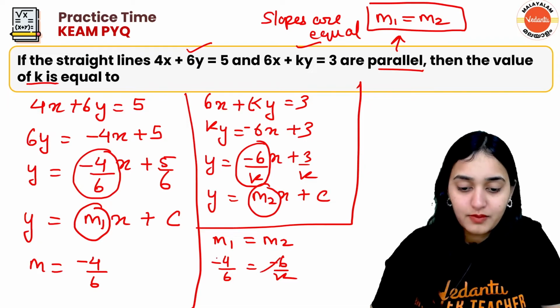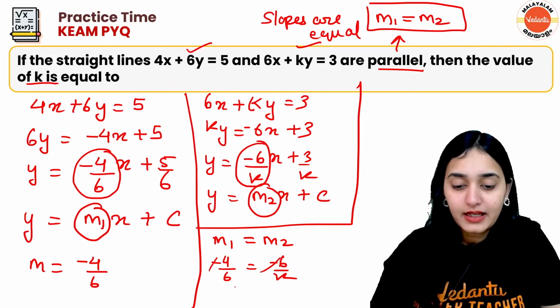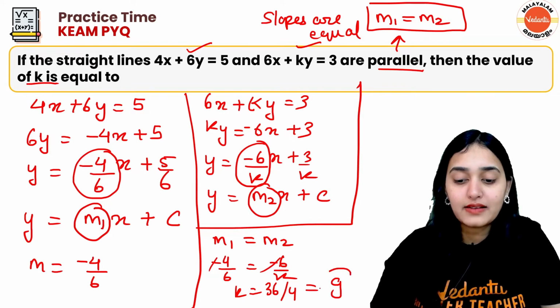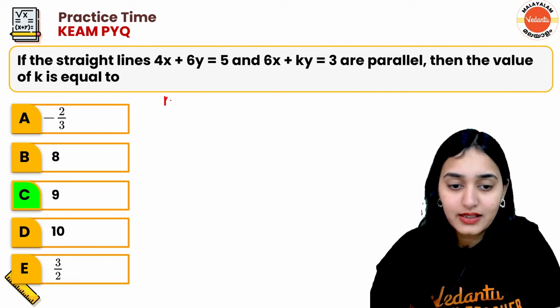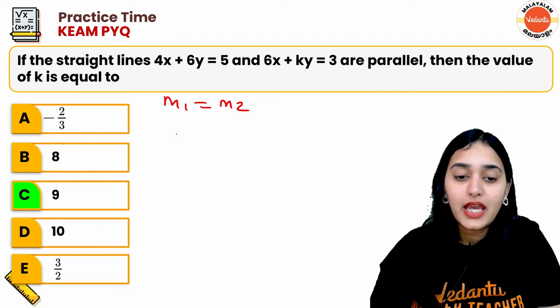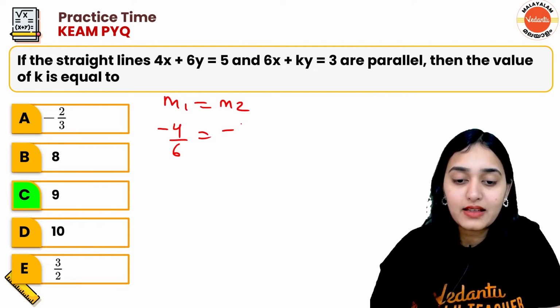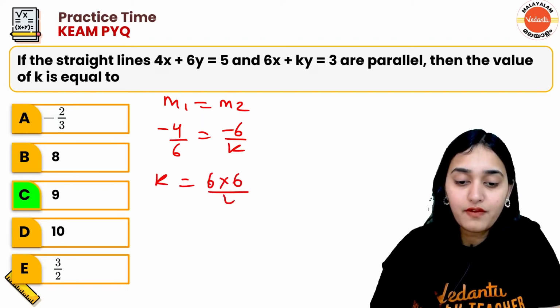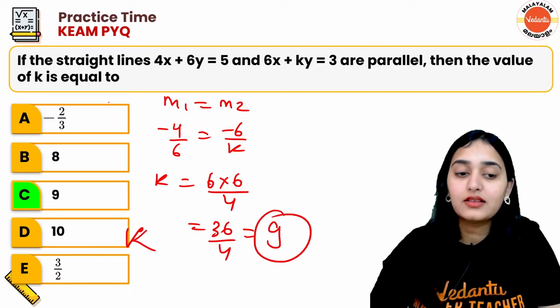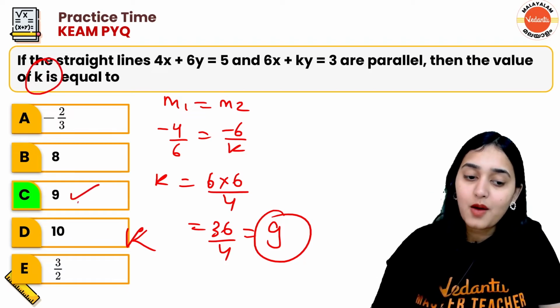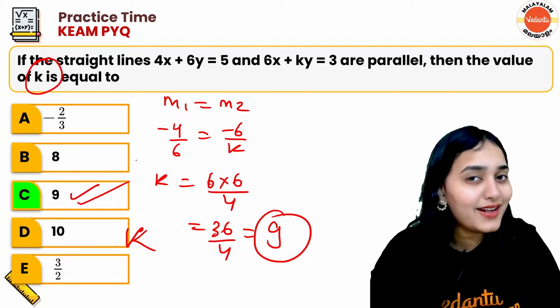So minus minus cancel. K is equal to 36 upon 4. See what I have done: m1 is equal to m2. m1 is minus 4 by 6, this is minus 6 by k. So k will be 6 into 6 upon 4. This is 36 upon 4. 36 upon 4 is 9. So k is 9. Option C, k is 9.